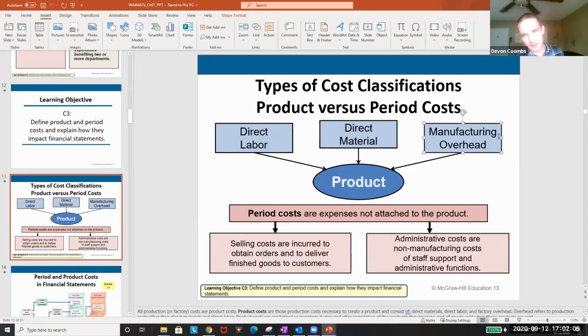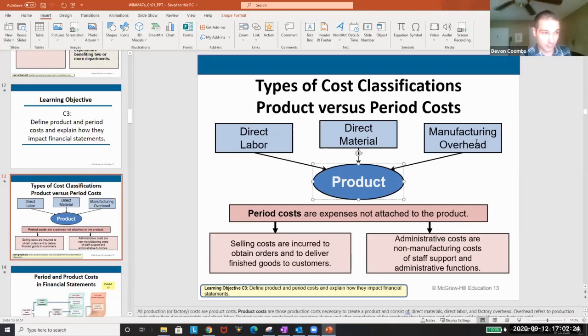Examples of manufacturing overhead, again, this is the most confusing piece, are your supervisor cost, your electricity, your water, your rent. But your rent for your factory could be a product cost if it's related to developing your goods.